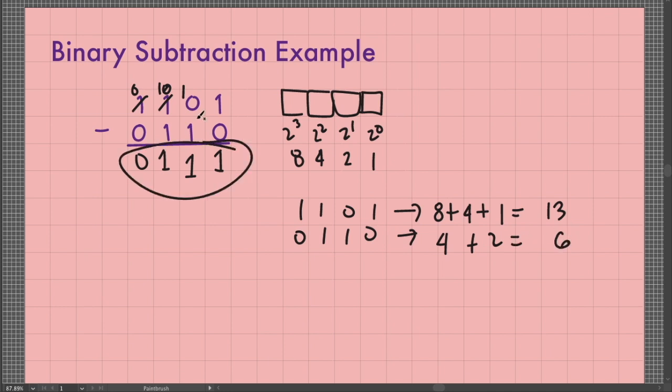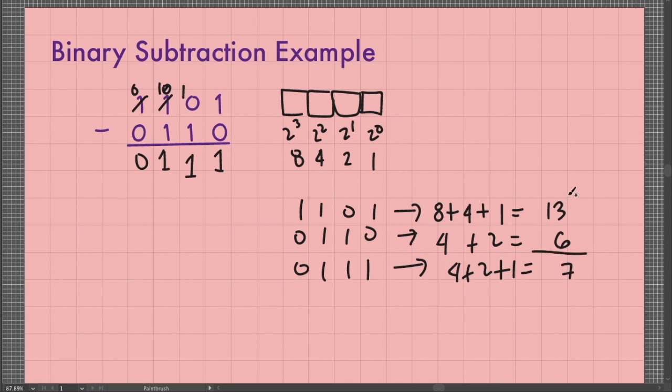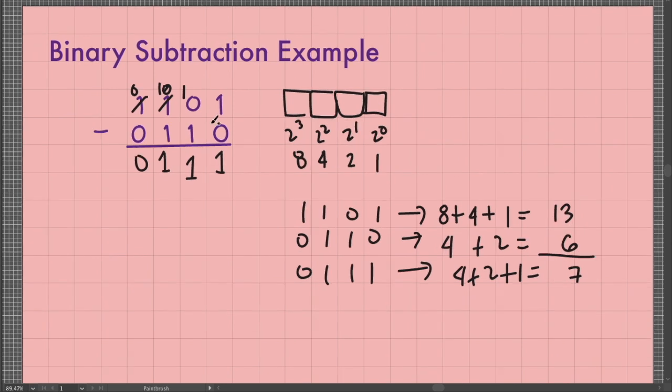For our final answer, we have 0111. Using these weights, we have 4 plus 2 plus 1, which is equal to 7. So let's check. 13 minus 6 is equal to 7. So our final answer here is correct.